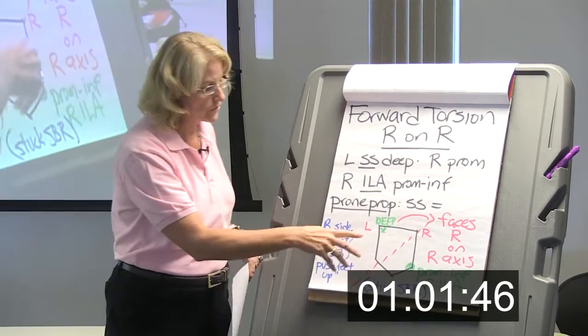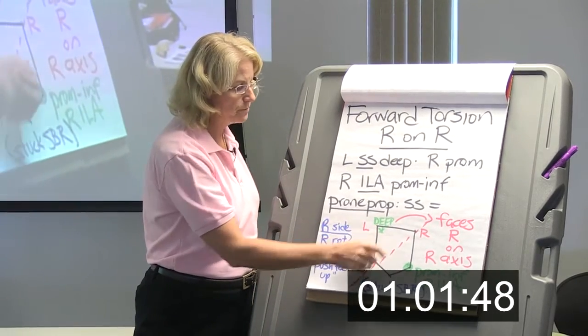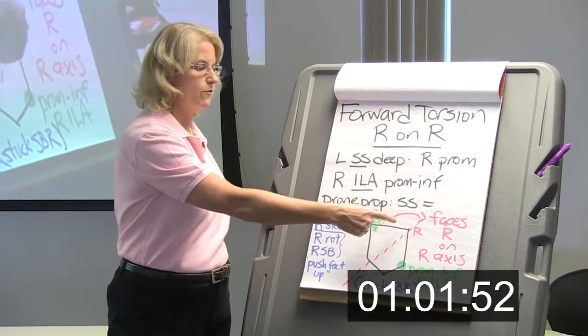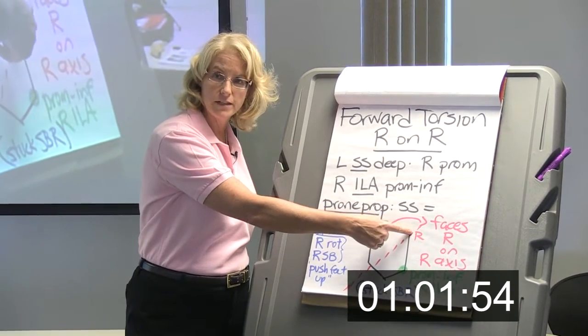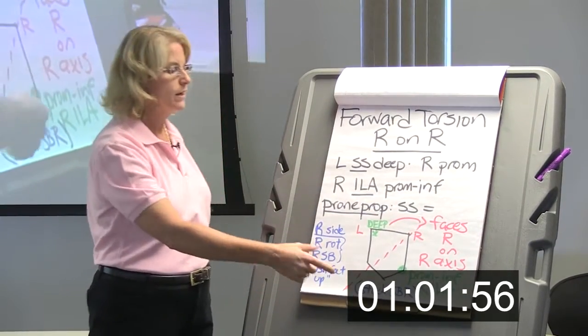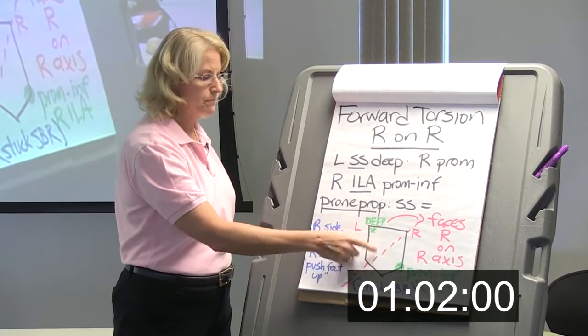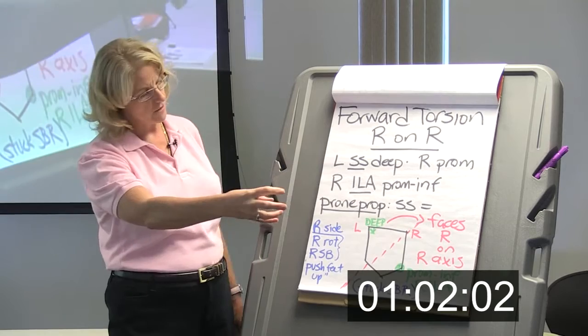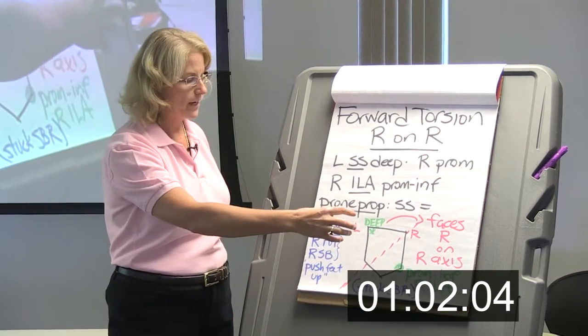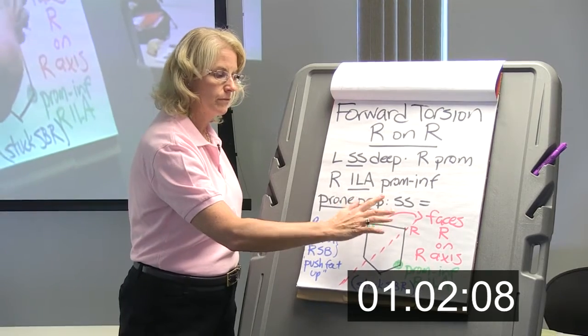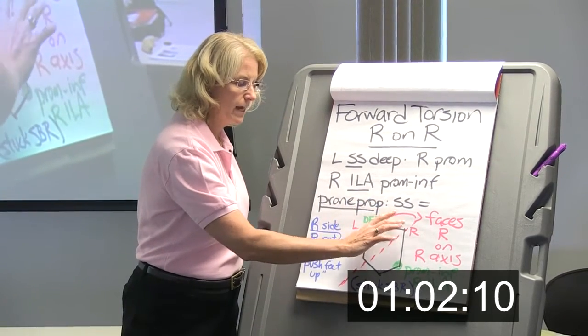So what do you see? Just take a look at the picture here on your palpation. If this is a sacrum, here's your right oblique axis. Remember, the axis is named from the sacral base, the top of the sacrum. So you're palpating, oh, that left sacral sulcus is really deep. That right ILA is sticking right out at me, very prominent. And the sacrum is facing right, turning right on a right oblique axis.